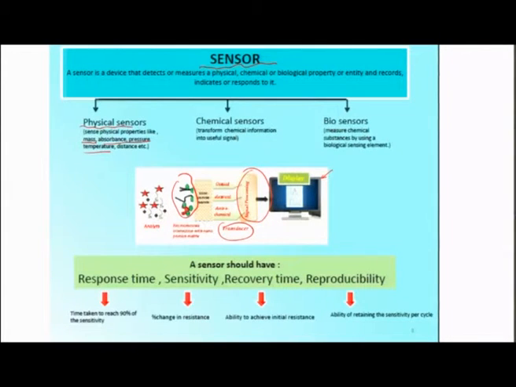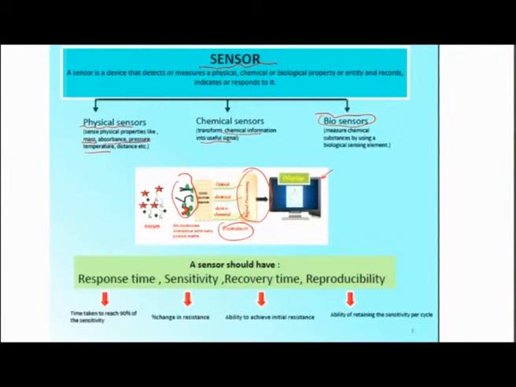When you are able to transform chemical information into useful signals, it's called a chemical sensor. And if there are recognition elements which recognize only biologically active elements or biological elements, and effectively it measures those elements or the presence of those elements by a chemical change which it transduces into a measurable signal, a readable signal, it's called a biosensor.